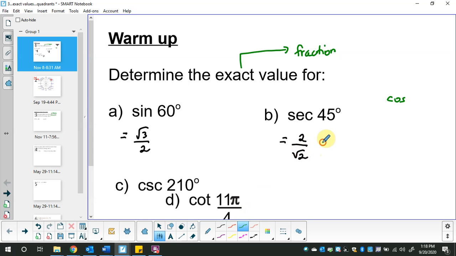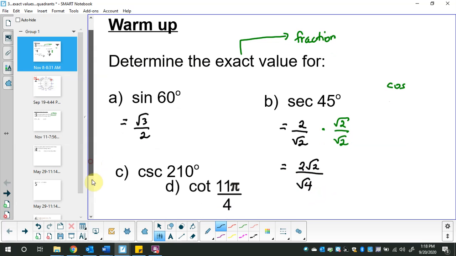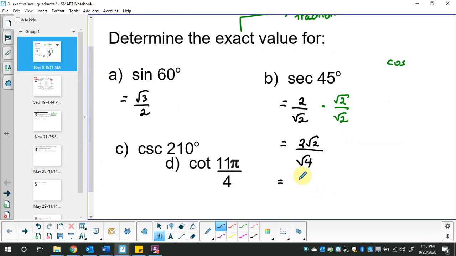And if you want to, you can times top and bottom by the same value. The one that isn't the one you want there, because the root in the bottom isn't fantastic. And you get yourself a final answer.